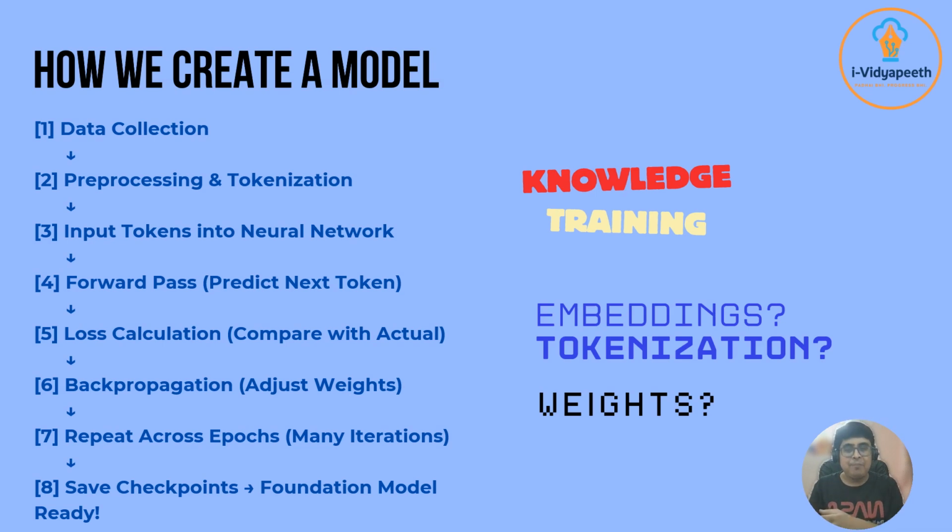In the same way, when we collect data for the first time, data collection is very important, because knowledge is very important. The more data you train on, and the more fine-tuned or pre-processed data you give, the better the model will perform. So first of all, the data collection part is very important. After that comes the pre-processing of data.